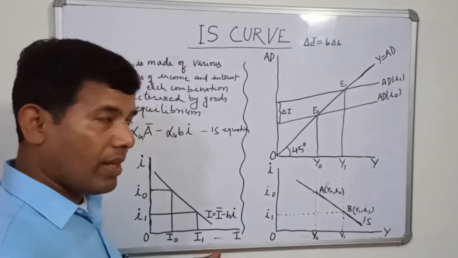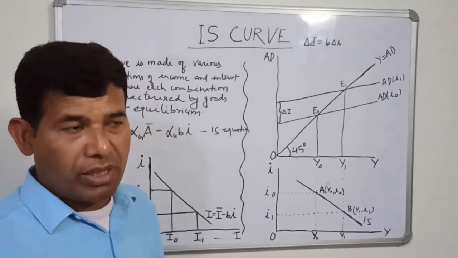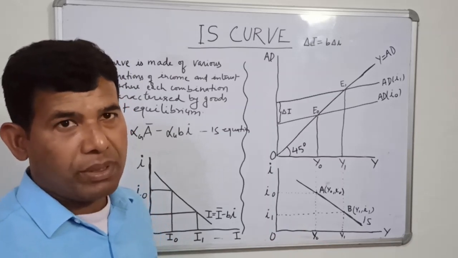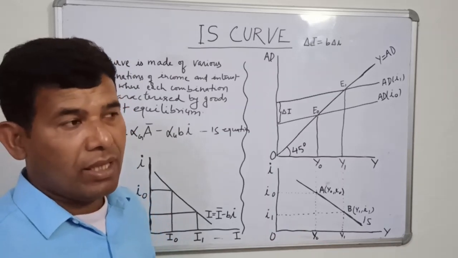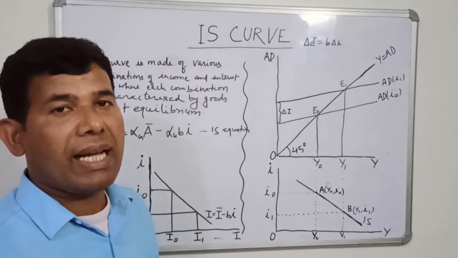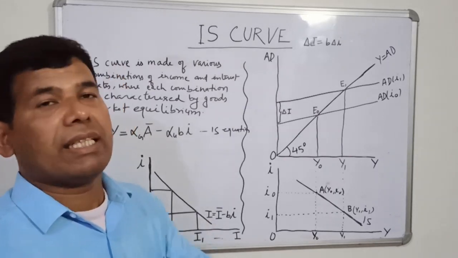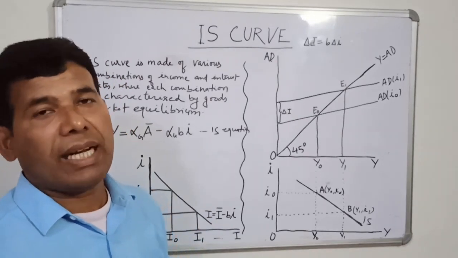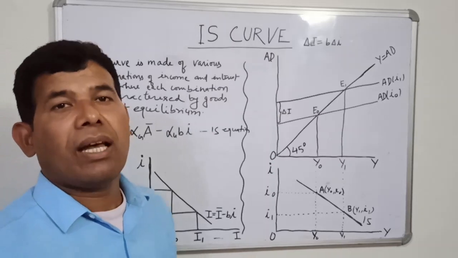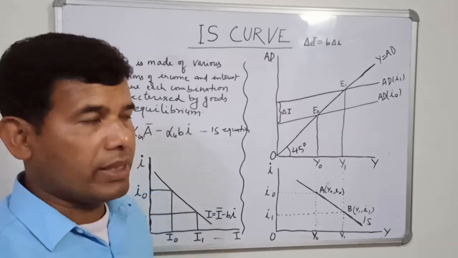Generally we observe that when the interest rate in the economy falls, the business sector becomes optimistic. For the business sector, the cost of borrowing goes down and it borrows more from the banks for the purpose of setting up plants and projects. That raises the level of investment and capital formation in the economy.